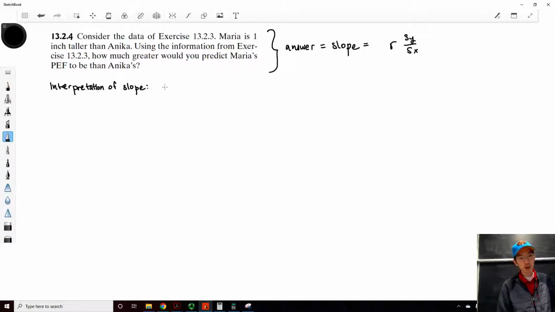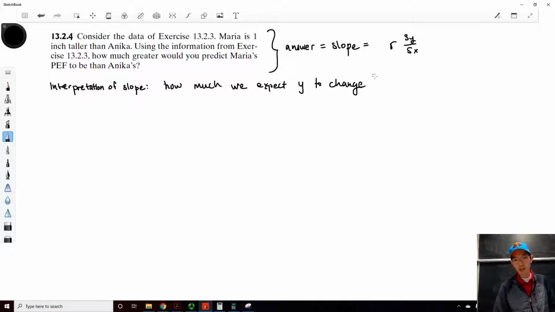The interpretation of the slope is how much we expect y to change if the x value is 1 unit larger, or 1 unit greater.